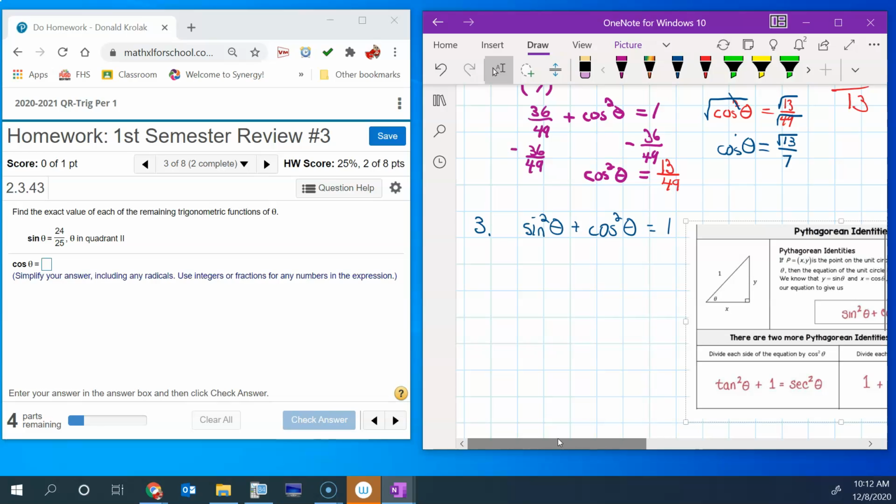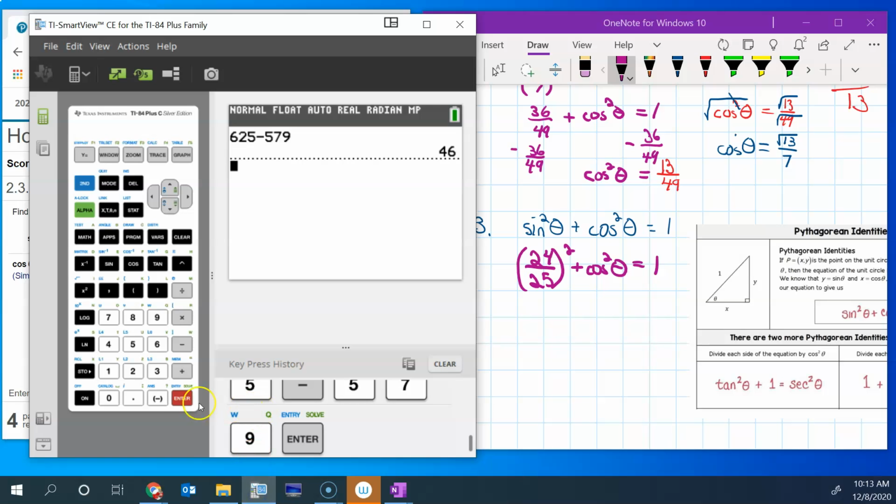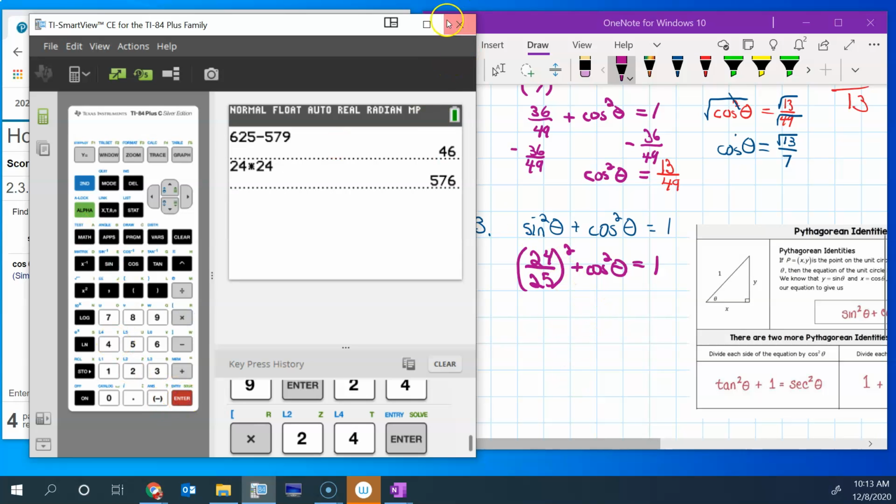All right, so I got 24 over 25 squared. Okay, square it. So 24 squared is 576. Let's see, 24 times 24. Yep, 576.